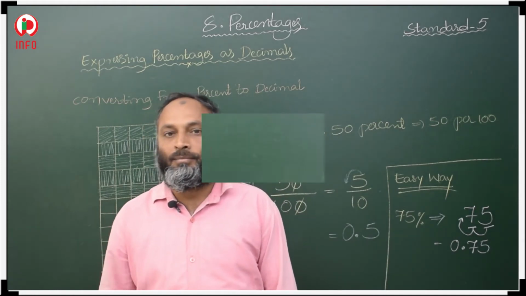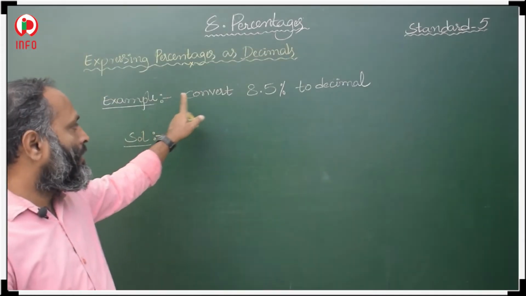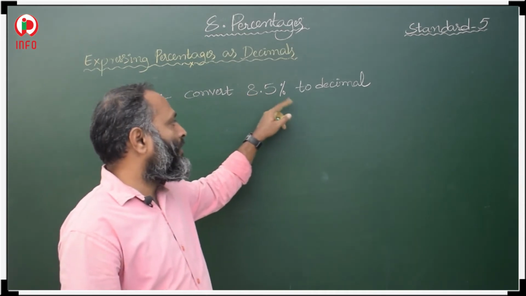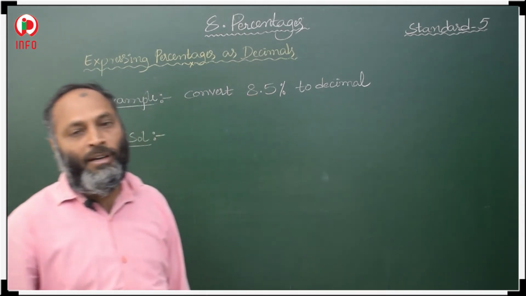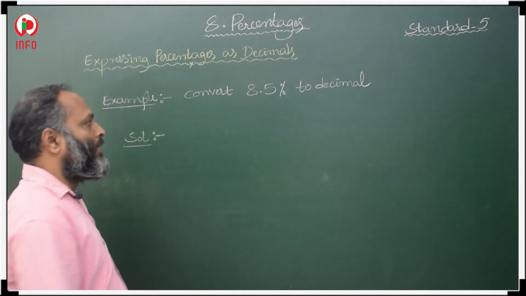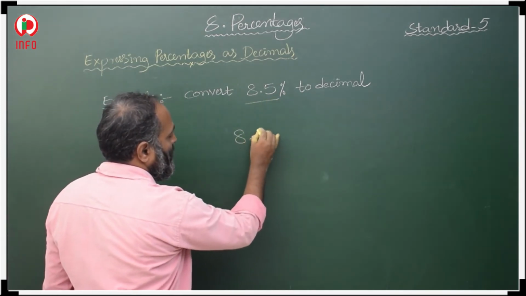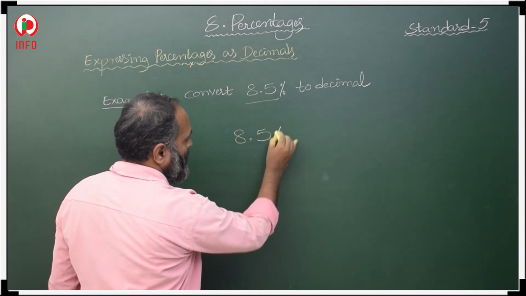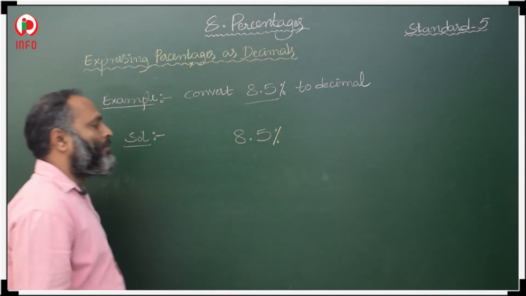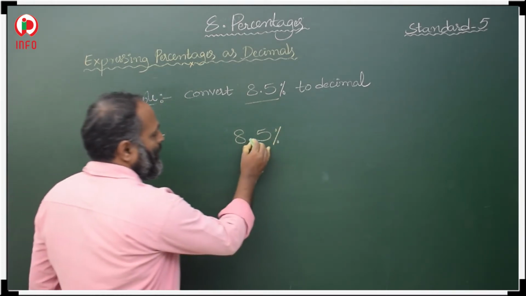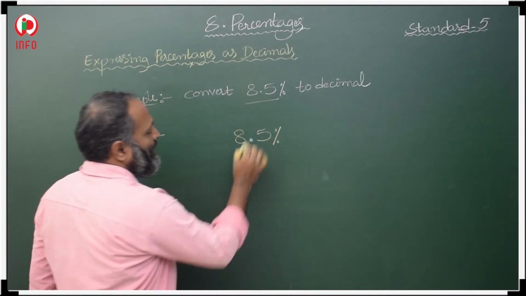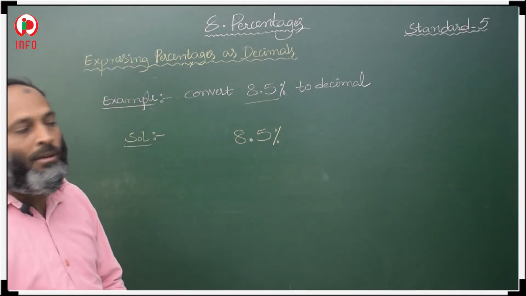Okay, in the example, convert 8.5% to decimal. What is the percentage given here? 8.5%. Then how to convert this 8.5% to decimal?